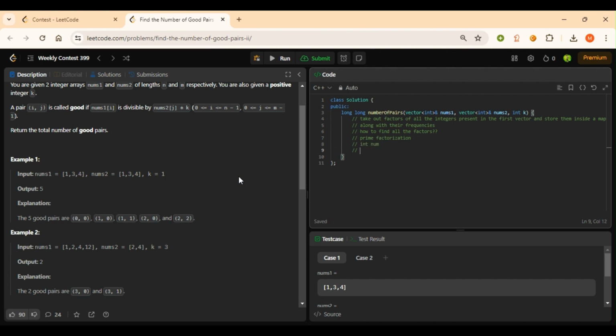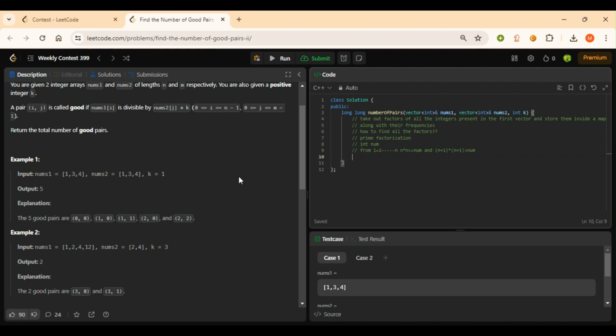We go from i equals 2 till n, where n square is still less than or equal to num, and n plus 1 square is greater than num. So we traverse from 2 till n square, because all the factors of a number can be calculated while traversing from 2 till the square root of that number.